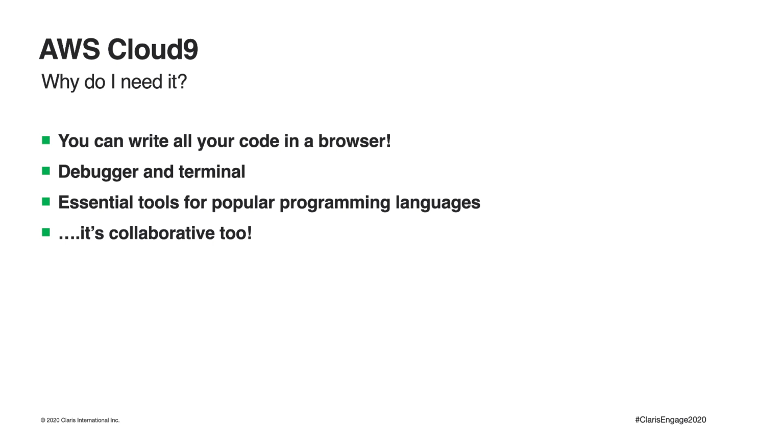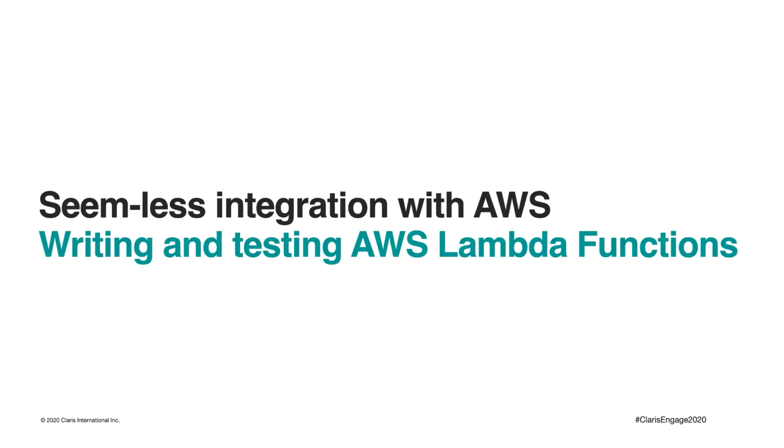And you can even collaborate on the same development environment with your coworkers. Being an AWS service itself means that there is seamless integration with all AWS services via a pre-installed command line interface. More importantly for our session, we can write up and test our Lambda functions straight in Cloud9.